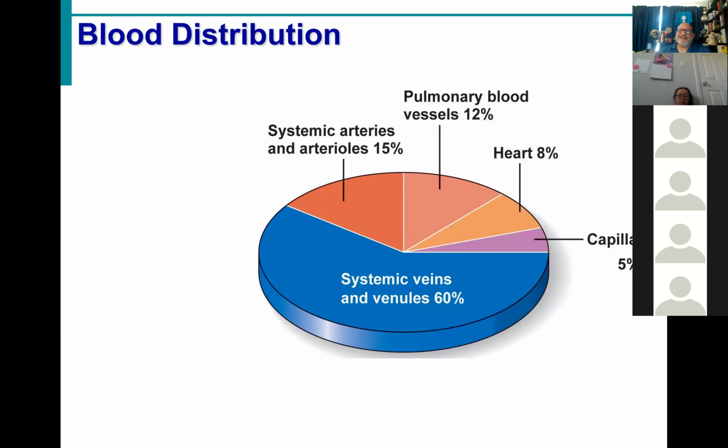Notice blood isn't quite evenly distributed throughout the body. In fact, some of these numbers are a little bit surprising. This one always surprises me. As I mentioned in the last class, I read somewhere that every living cell in your body is something like 0.3 microns away from a capillary.